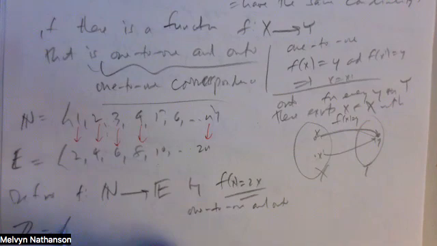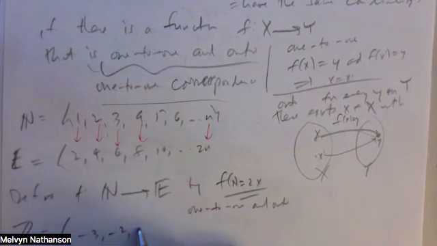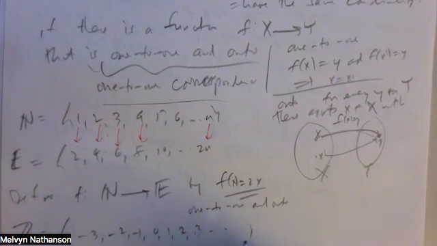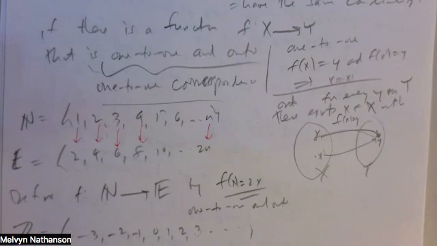Suppose we take the set of all integers: minus 3, minus 2, minus 1, 0, 1, 2, and so forth. Does this have the same number of elements as the positive integers?